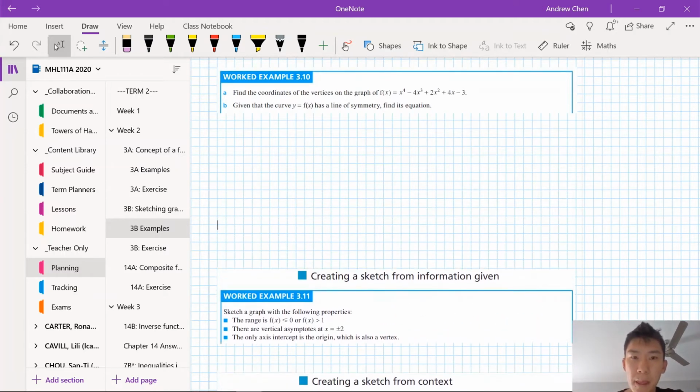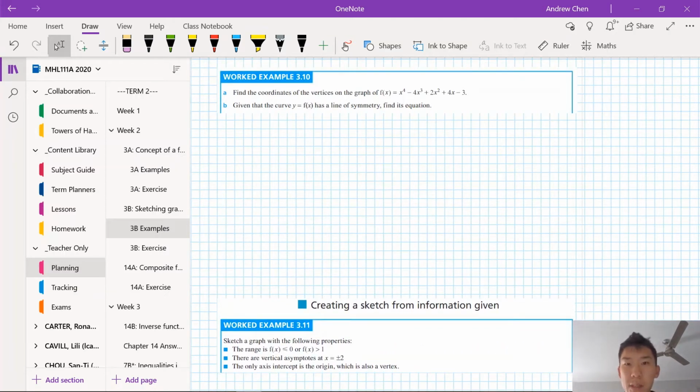3.10: find the coordinates of the vertices on the graph of f(x) equals, and then given that the curve has a line of symmetry, find its equation.